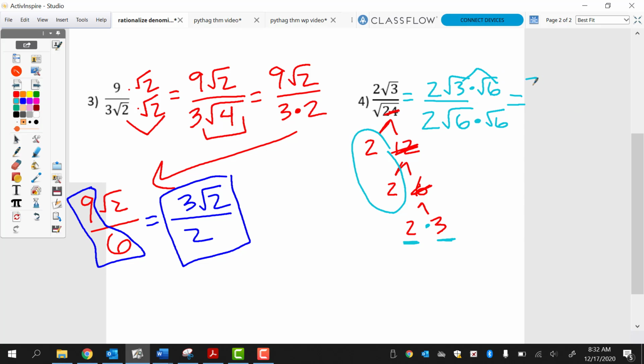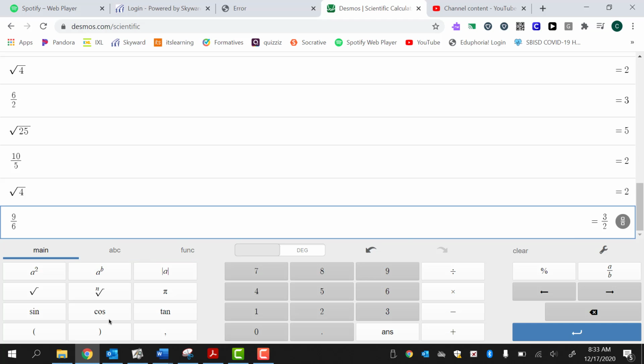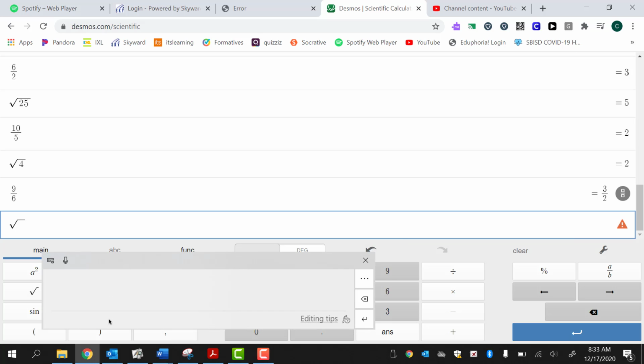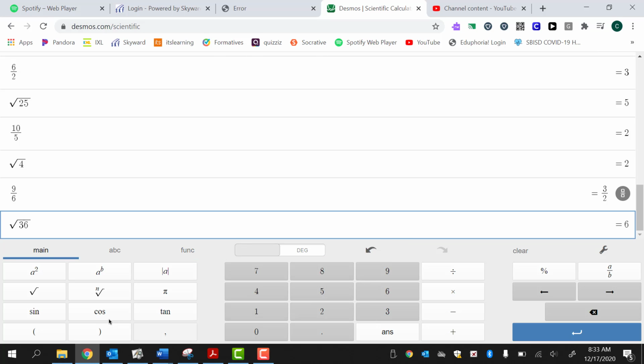So my 2 is still sitting out there. 3 times 6 is 18. On the bottom, I have my whole number, radical, so my whole number stays out there. 6 times 6 is 36. I type square root of 36 in Desmos because I can't have radicals in the bottom anymore. That's why we're doing this whole thing. 36, and I get 6.